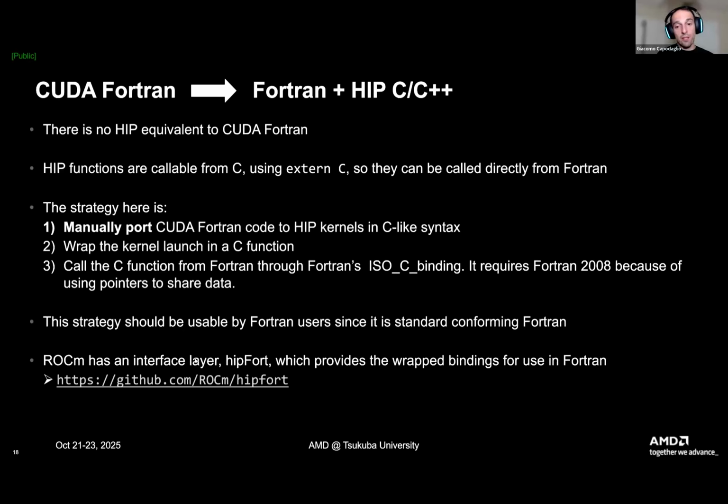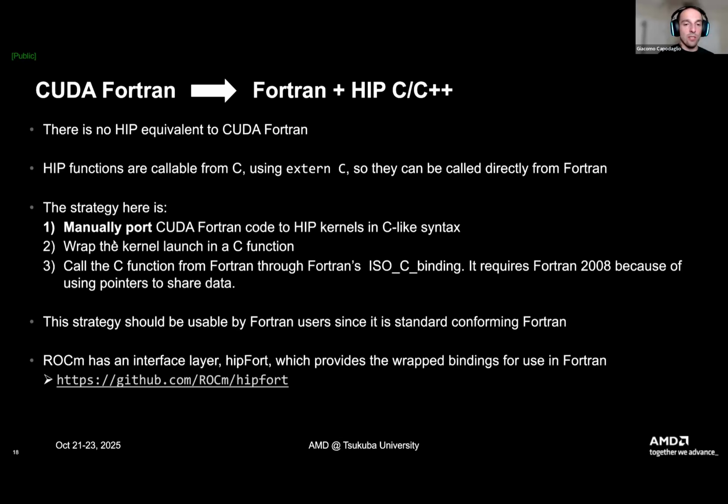But if you have custom kernels that are HIP kernels and you want to call them from Fortran, then you're going to have to build your own interface. So the thing to do is to port, if you have CUDA Fortran, then you're going to have to port it to HIP.